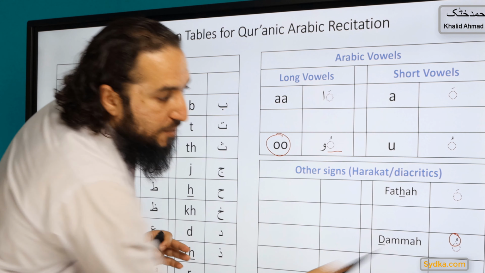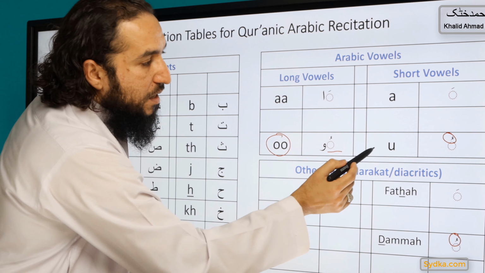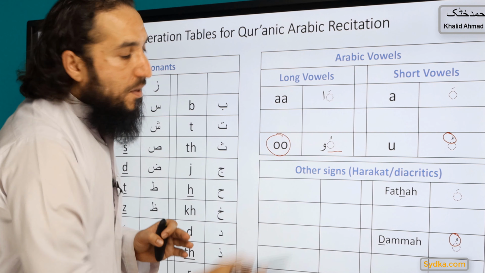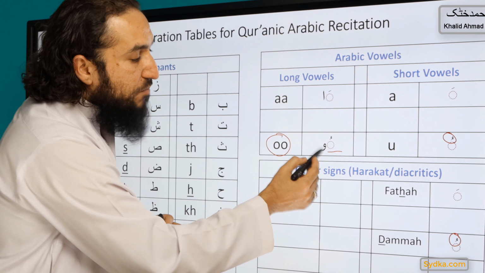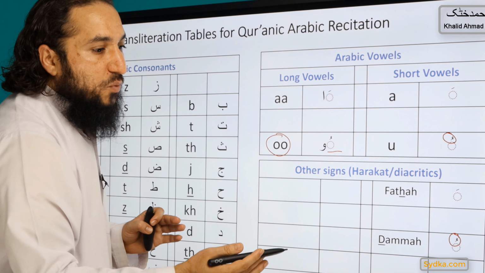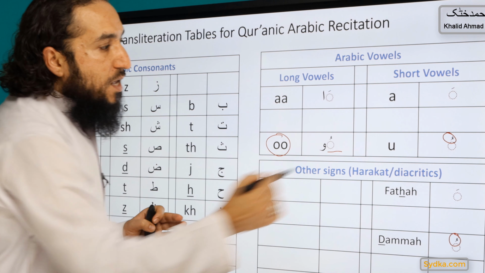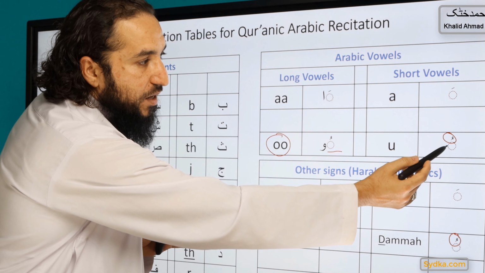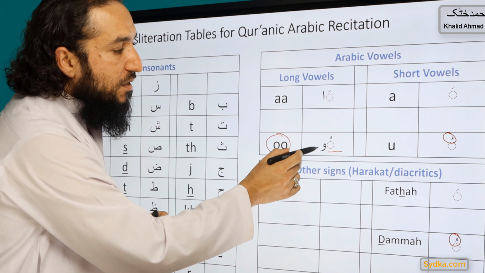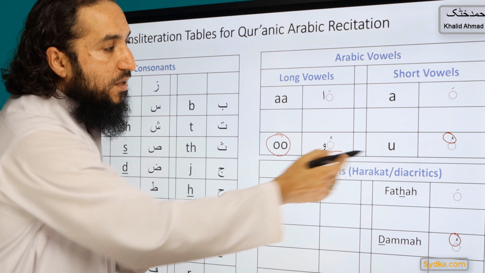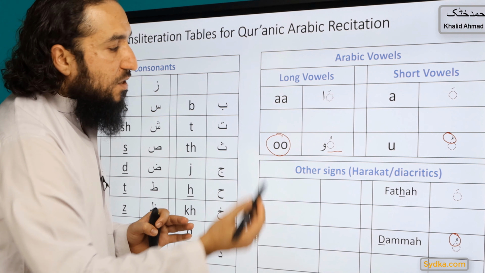This is called a short vowel, dhamma. If that sign is on top of the letter before it, then that will transform the vowel into a long vowel. So that will become oo. But if you have any other letter which has just a dhamma on its own and it's not followed by a vowel, then it's going to be considered a short vowel. It's going to be only u instead of oo.